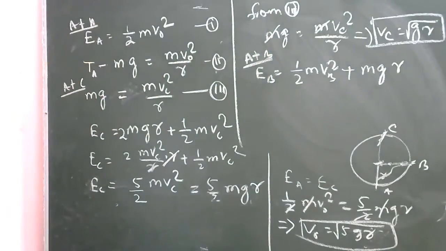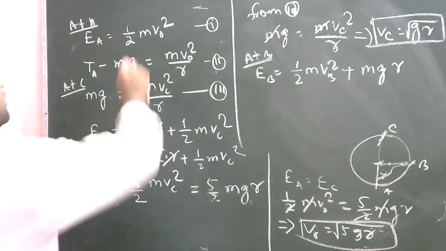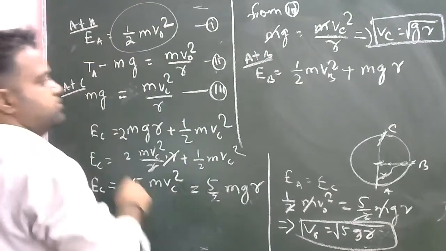So half mv square plus mgR is equal to the energy at A position.